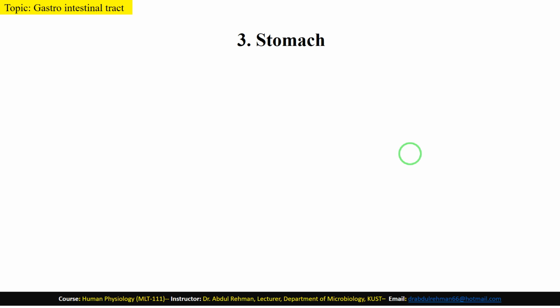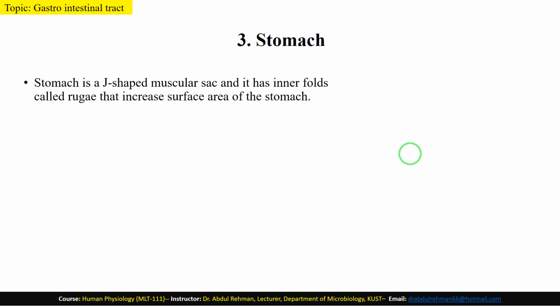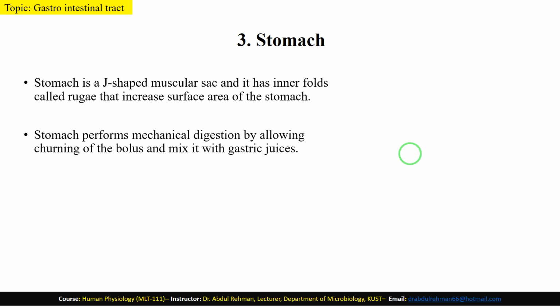The next part is the stomach. The stomach is a J-shaped muscular sac and it has inner folds called rugae that increase the surface area of the stomach. Different mechanical processes occur within the stomach, and as a result, the bolus coming from the esophagus is mixed with the gastric juices.